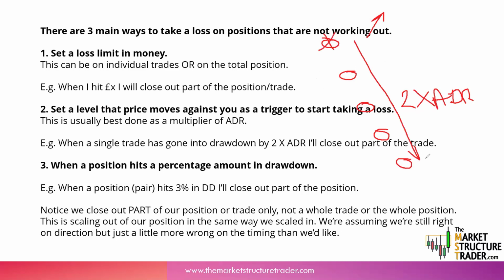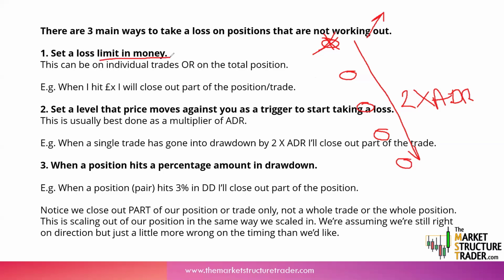So you could say, I'm going to use ADR as my gauge, which is: this has moved twice as far against me as I thought it was going to. So I know I'm a bit more wrong than I thought I was. Let me start getting out of this. So you take a little bit of a loss. Okay, so that's another way you can do it, by movement.